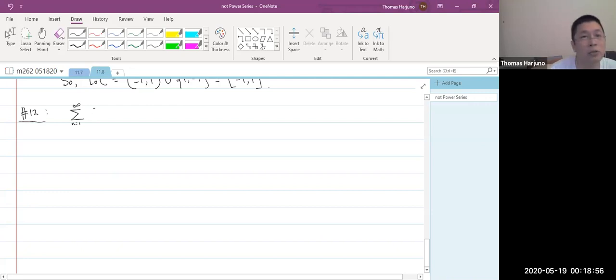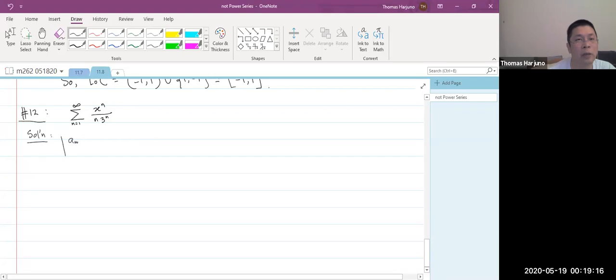So my series is the series from 1 to infinity of x^n over n times 3^n. I will try to squeeze that using the ratio test so that I can see at what x it will be convergent.